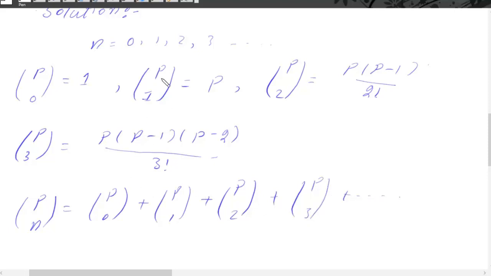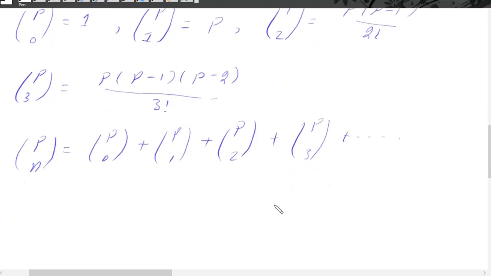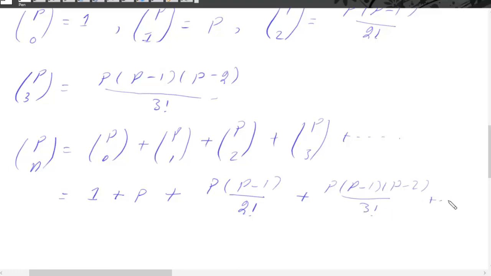We put in the values: this is 1, and then plus p, and then the value of this combination is p times (p minus 1) divided by 2 factorial, and then plus p times (p minus 1) times (p minus 2) divided by 3 factorial, and so on.